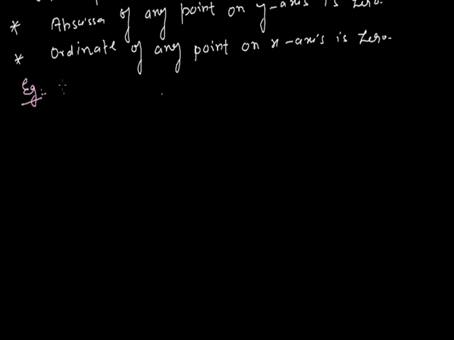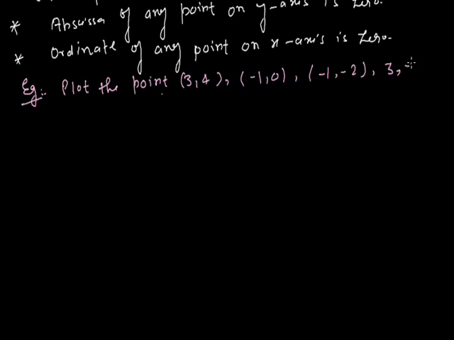suppose we have to plot the points (3, 4), (-1, 0), (-1, -2), (3, -2) and (-4, 2) on the graph paper.